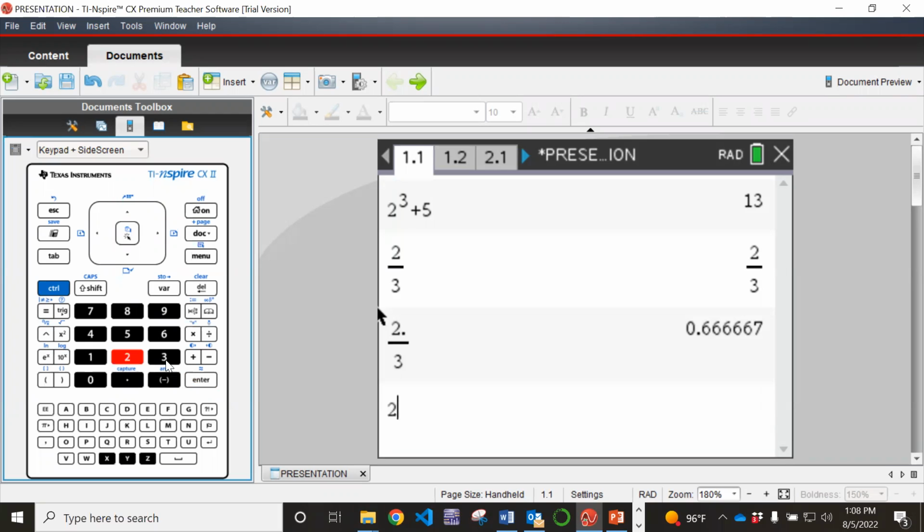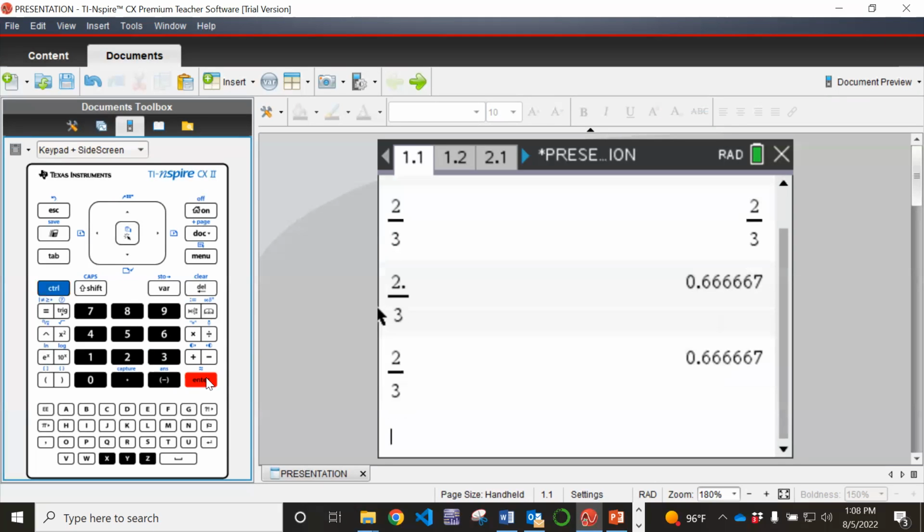Another way that we can approximate, and this is what I usually try to train my students to do most of the time, is right above the enter sign, there's an approximation symbol. So if I hit control and then enter, then it will force it to be an approximation. So that's how I try to get my students, if you're looking for the decimal answer, make sure that you do that.